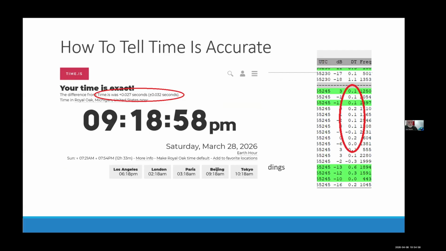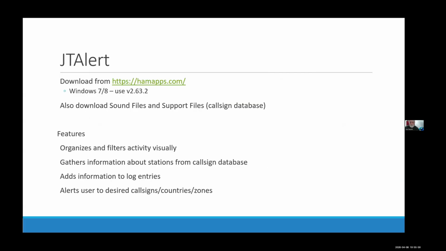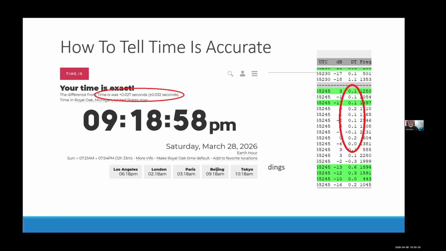So how do you tell if your time is accurate? If you are interested in seeing how close you are, there are 2 easy ways to do it. One is to go to a website called time.is. It's in Iceland, but it will tell you what your local time is, and it will also tell you right above that how far off your computer clock is.